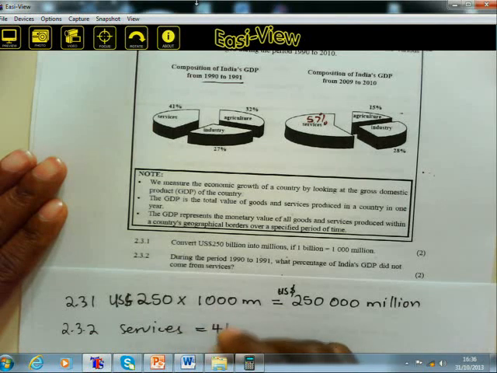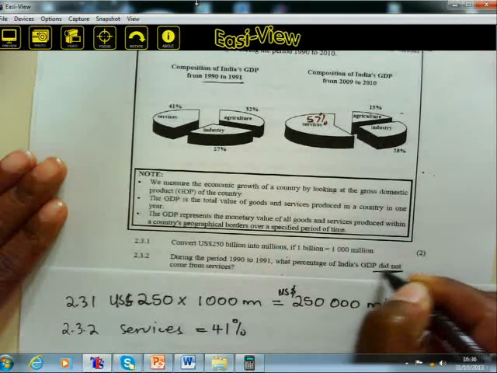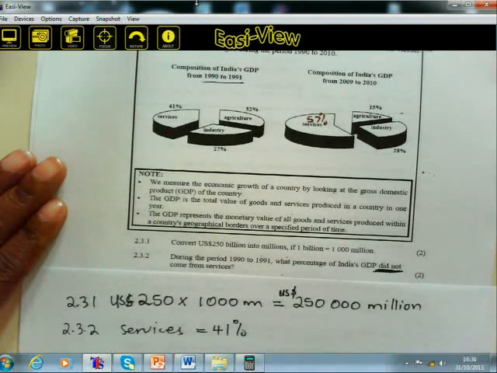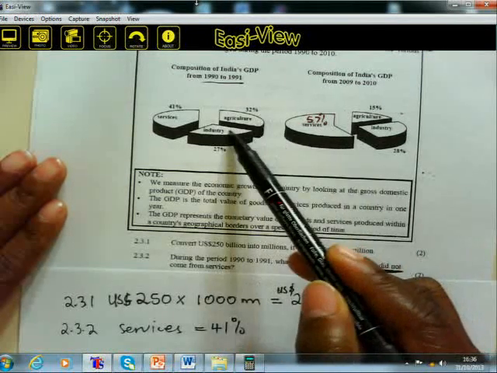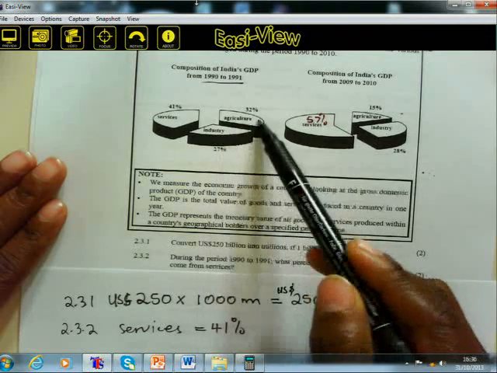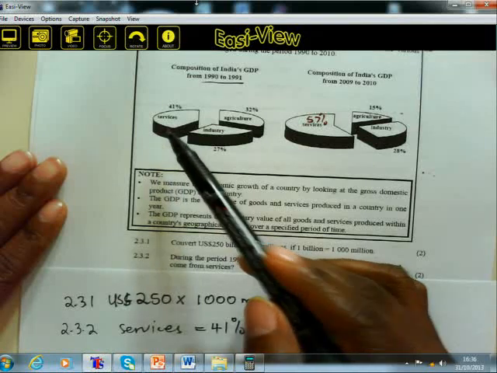It's 41%. But the question is saying, what percentage did not? How do we get the percentage? There are two. We have agriculture, we have industry. Definitely these two did not come from services. From services, we only have 41%.